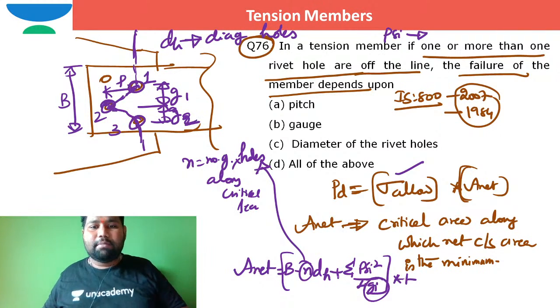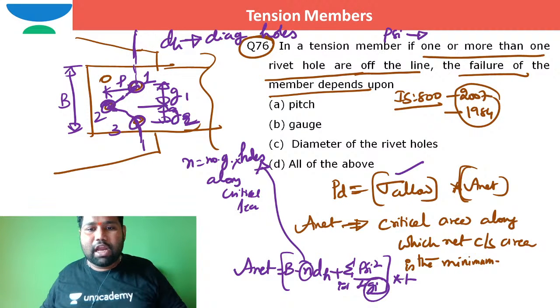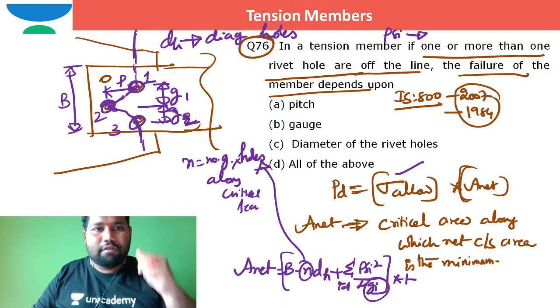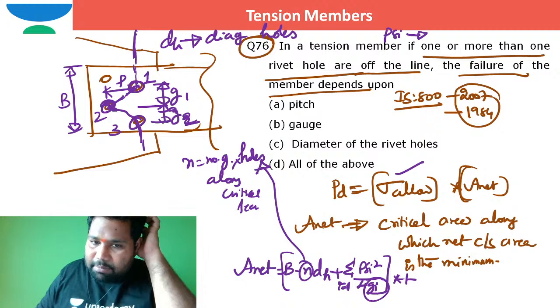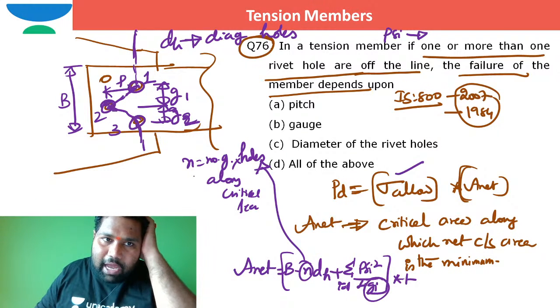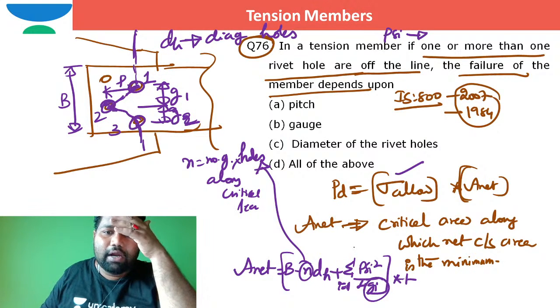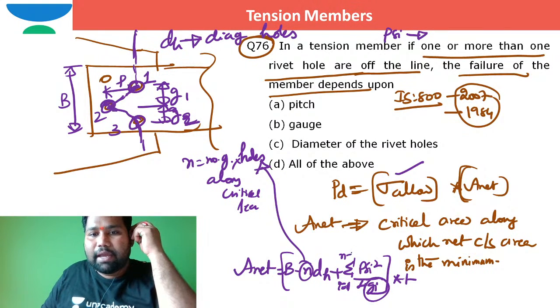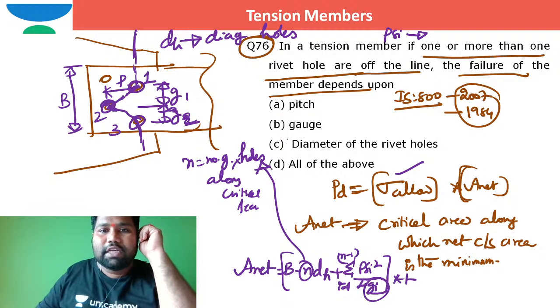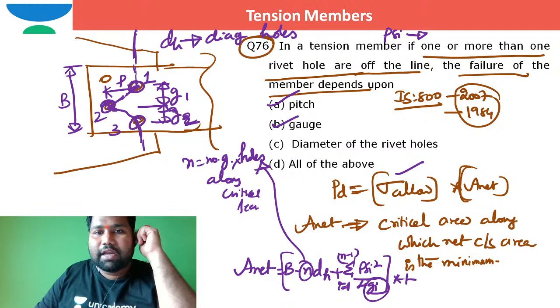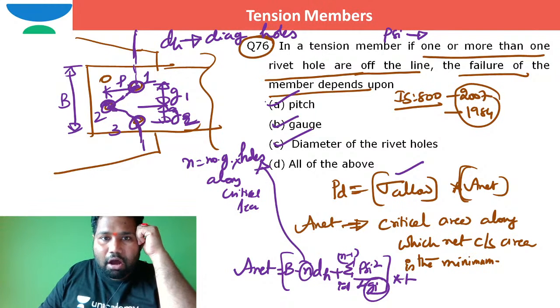So sigma stands for i equal to 1 to the number of holes along the critical line of section. In this particular chosen way, i can be 1, 2, 3, so directly I can write i equal to 1 to n minus 1. This is how. So it depends on pitch, it depends on gauge, it depends on the diameter of the bolt. So it depends on all these three.